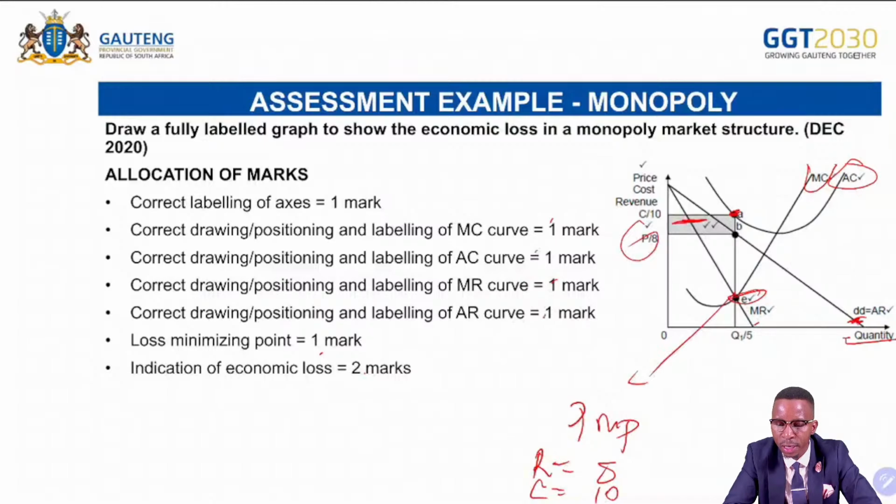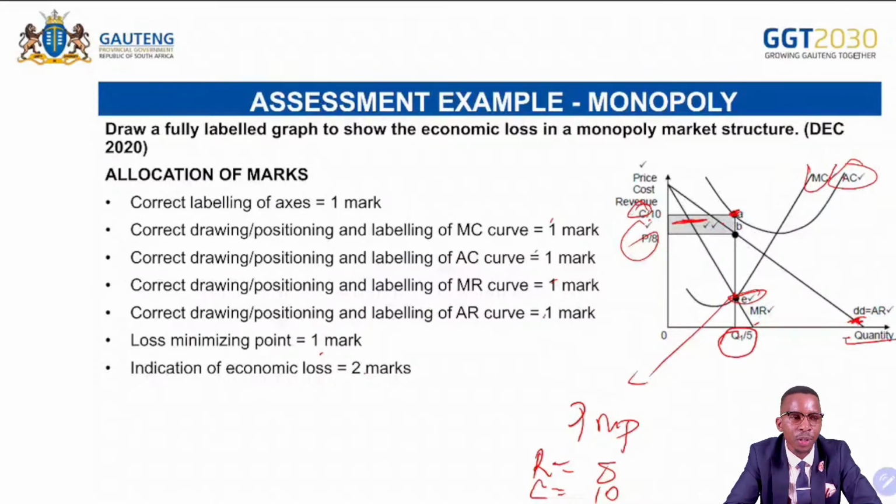And then we'll say the value of cost, which is AC, is 10. We will say also the shaded area indicates economic loss. So you must shade the area, then you say it indicates economic loss. That is the interpretation. And then the quantity, which is 5, is the loss minimization output, and the 10 is the loss minimization price.